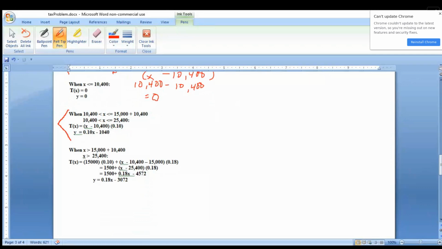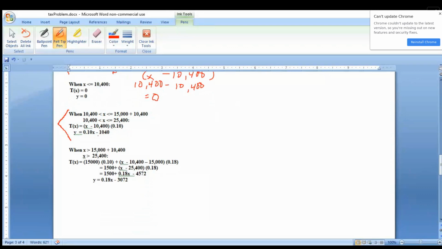So just simplifying this using the distributive property, because of course when you have a function, they just want everything in terms of x and y. So let's just simplify this line. 0.10 times x is just 0.10x. 0.10 times 10,400 is 1040.